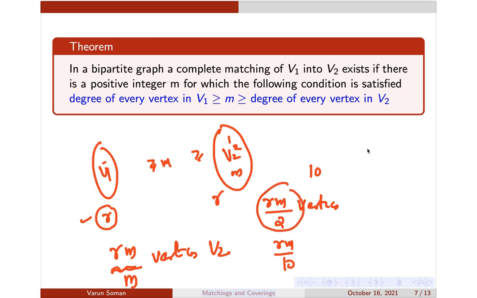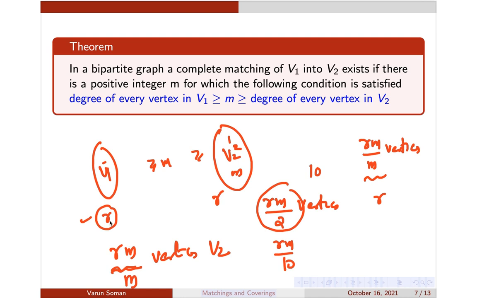So that means these Rm edges would be incident on at least Rm by m vertices, because m is the maximum degree, so there should be at least that many vertices to receive the Rm edges coming out of this V1. Or at least there should be R vertices in V2 to receive these Rm edges coming out of V1.